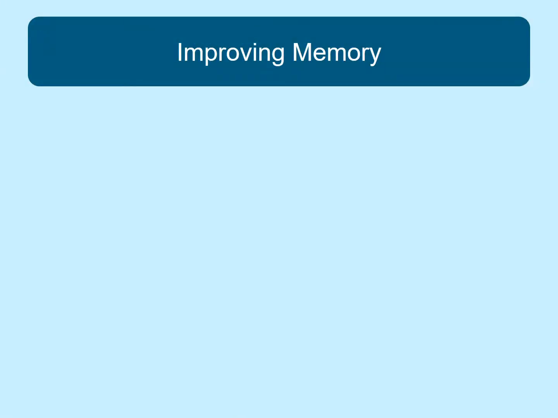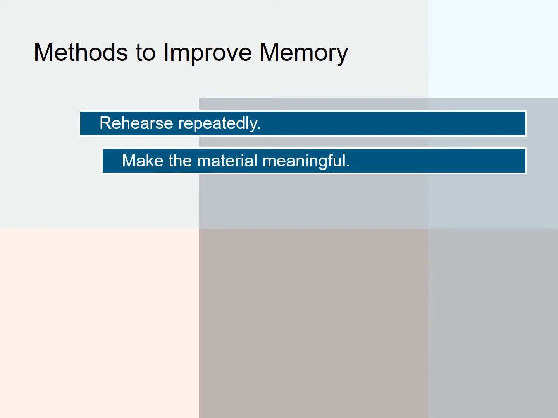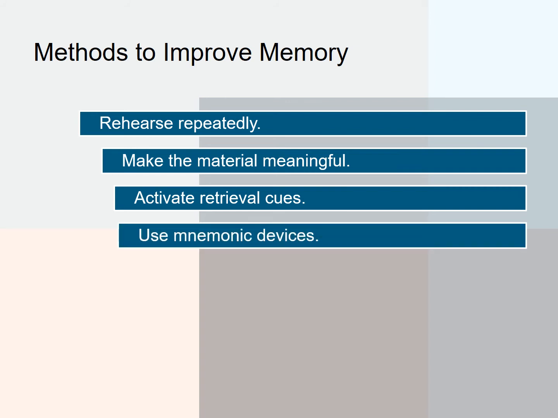So how do you improve memory? Rehearse repeatedly. Make the material meaningful. Activate retrieval cues, so prompt yourself with certain things that will get the right answer. Use mnemonic devices, like Pretty please, my dear Aunt Sally, for instance.